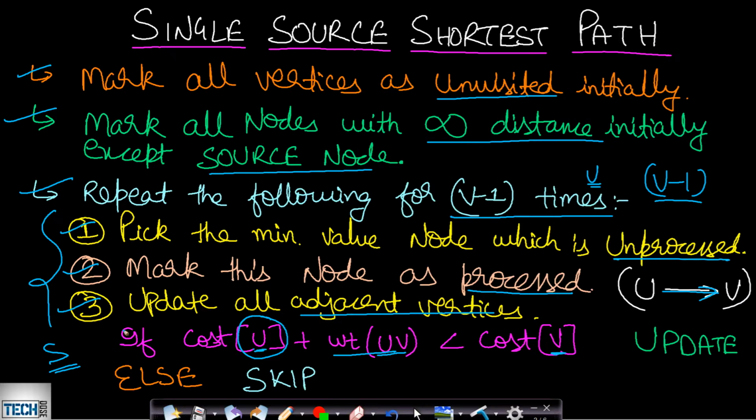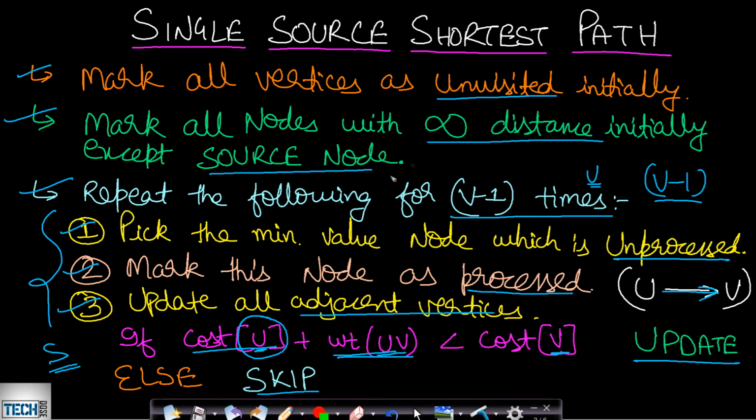So if we encounter a lower cost path, the already present path has a higher cost, and we update it with the cost of u plus weight of uv. Otherwise, if the cost is higher, we skip it. These are the steps to form the single source shortest path graph.